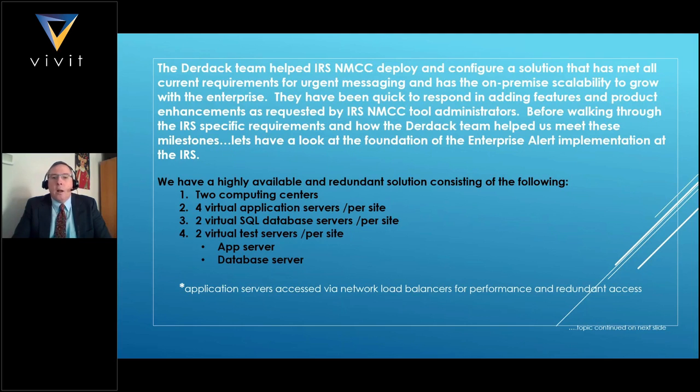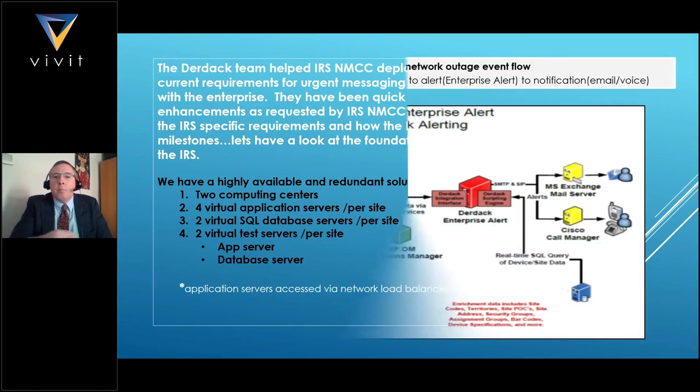When one of the sites is down, it automatically goes to the other site, so the end users never see a notification gap. We need to make sure that everything is balanced.